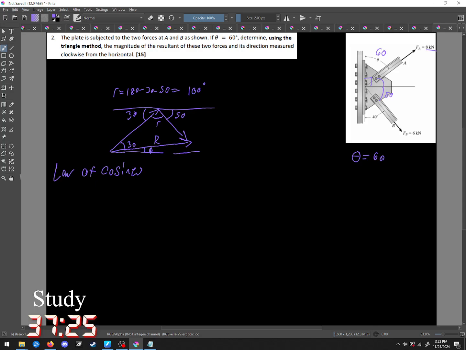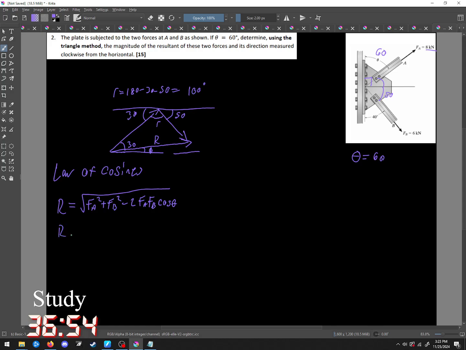The law of cosines says that R is going to be equal to the square root of F A squared plus F B squared minus 2 F A F B cosine theta.